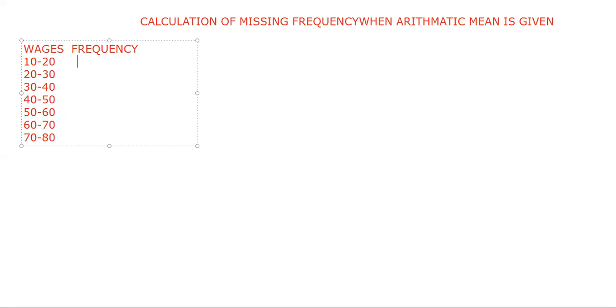And what frequency is given? The frequency is given as 5, 3, 4. Next is question mark. Why? Because we have not been given the frequency in the class interval 40 to 50.